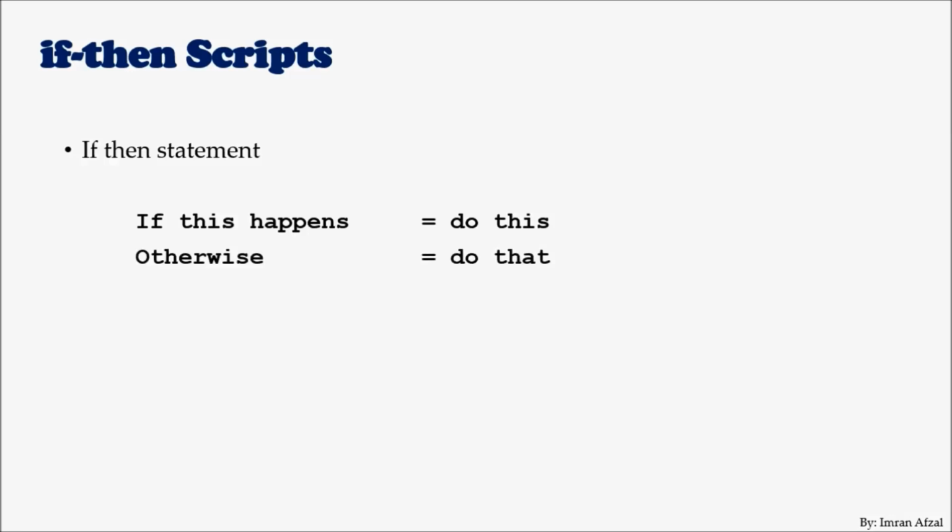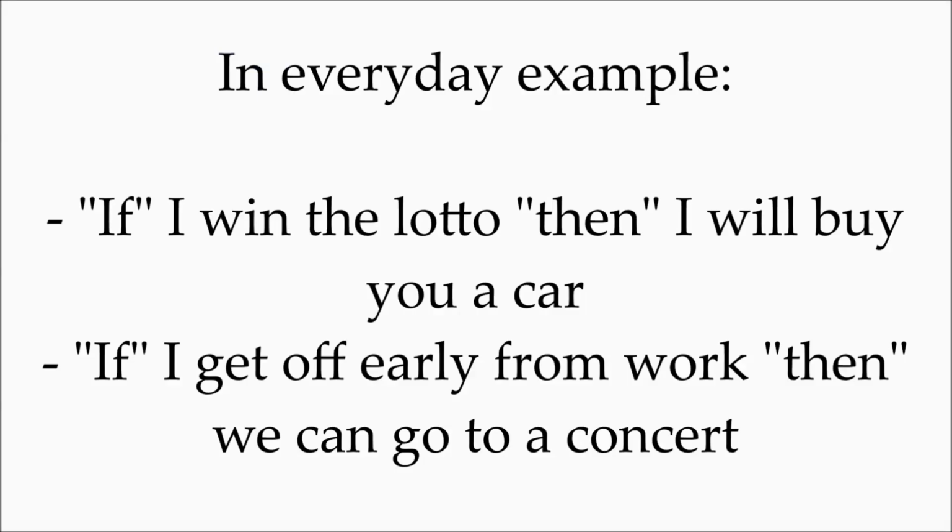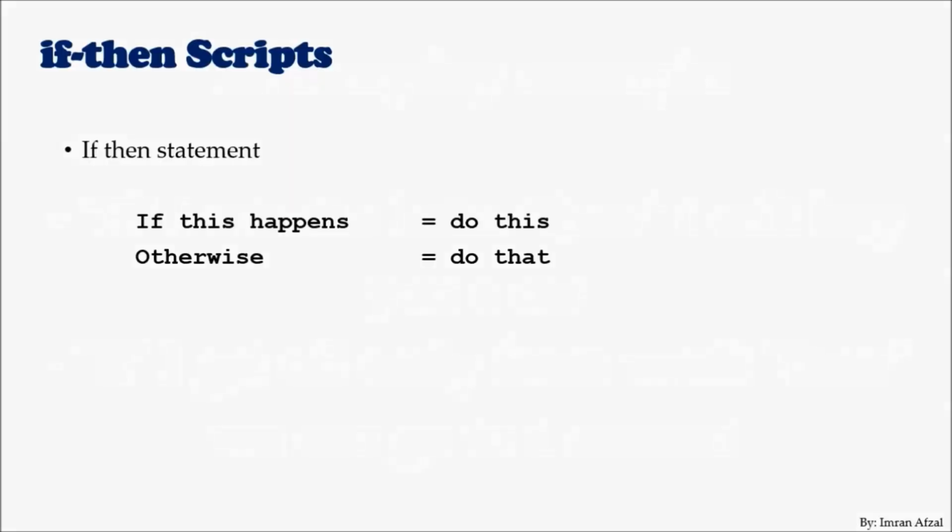Otherwise, do that. So whatever you define that has to be met, then it will run it. Otherwise, it'll give you some different output depending on how you write a script.